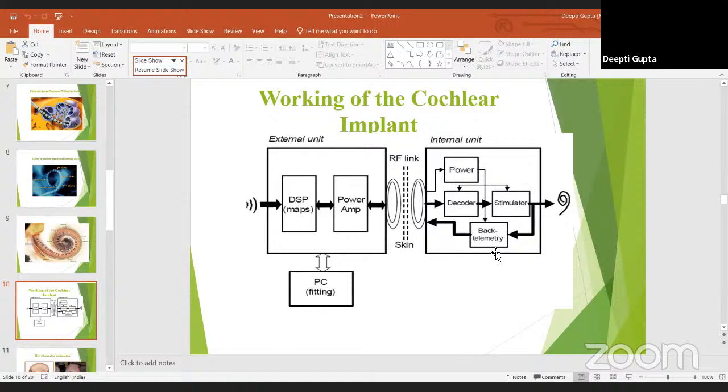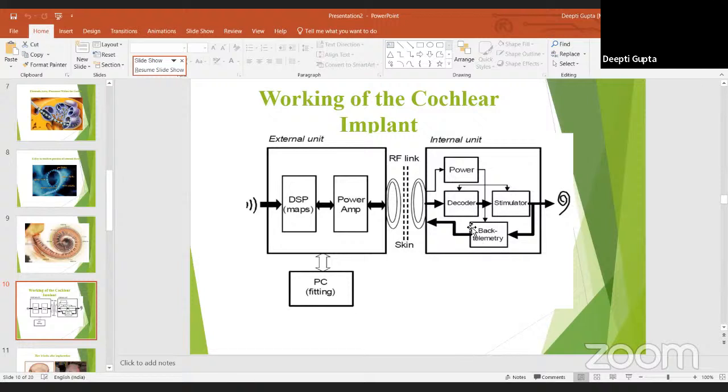So what is happening inside? Is something normal or non-normal? With the help of this back telemetry, we are able to understand. That is the part of the audiologist, how he or she handles how changes are occurring in the cochlear implant users.